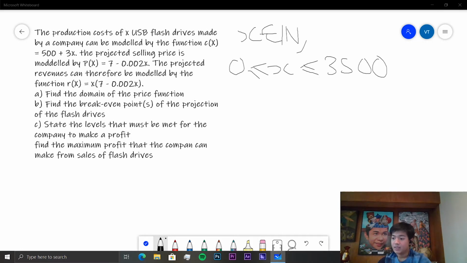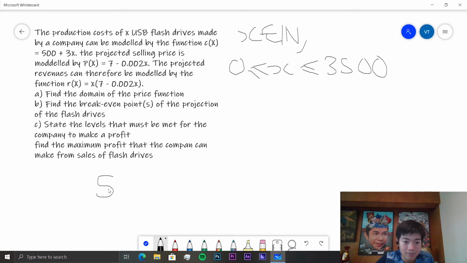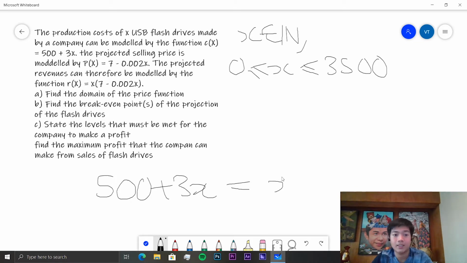So, find the break-even points of the production of the flash drives. Break-even points are when total revenue is equal to total cost. So you have no profit, but you're also not making any losses. Total cost is 500 plus 3x, and we need to make this equal to total revenue, which is 7x minus 0.002x squared.